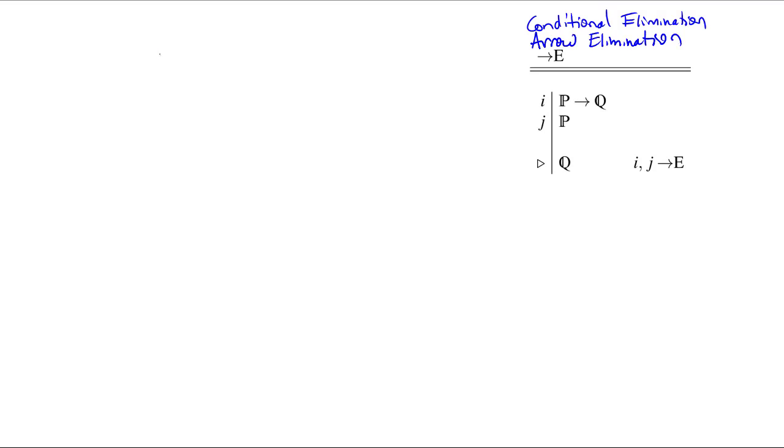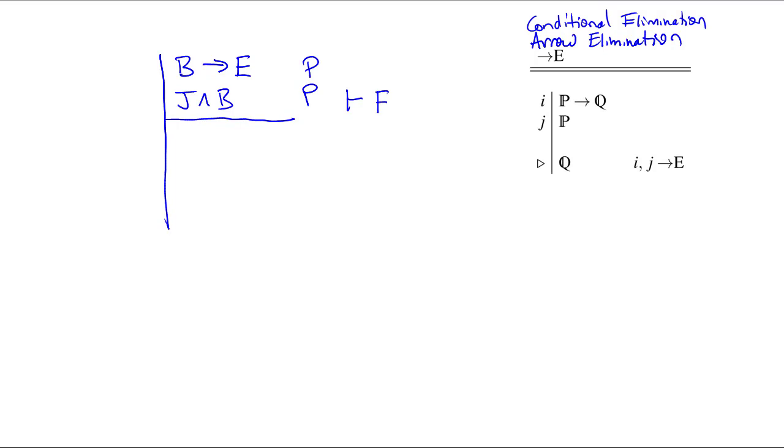So for example, let's suppose we have the following two premises. And our goal is E and J. Well, what we could do here is to take the B out of line 2 with wedge or conjunction elimination.